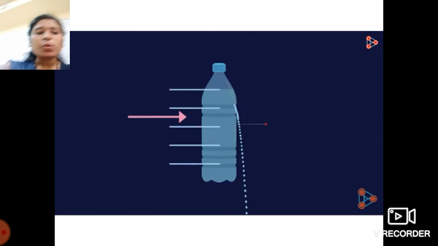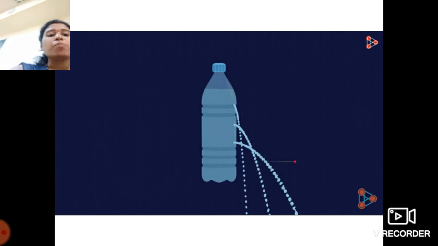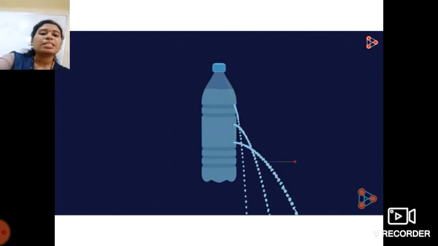Now let's make a second hole, and a third hole on the lower layers. When we make the second hole, you will see that the water flows out at a wider angle than the previous one. What will happen if we make a hole at the third layer?